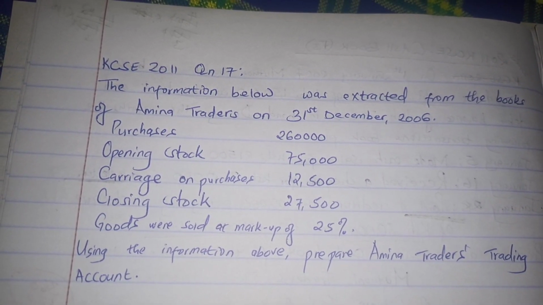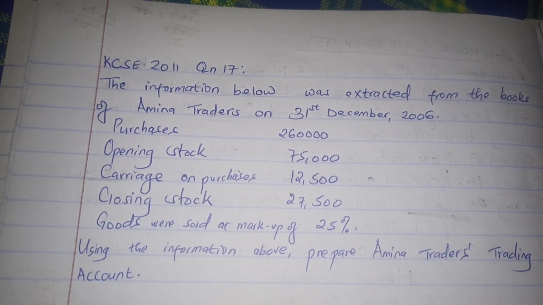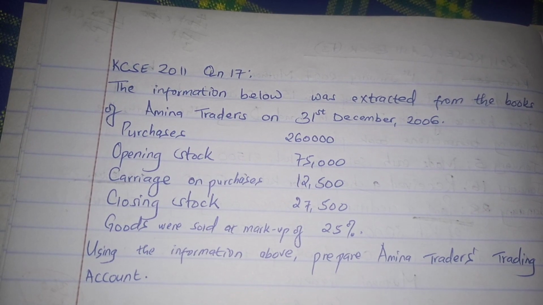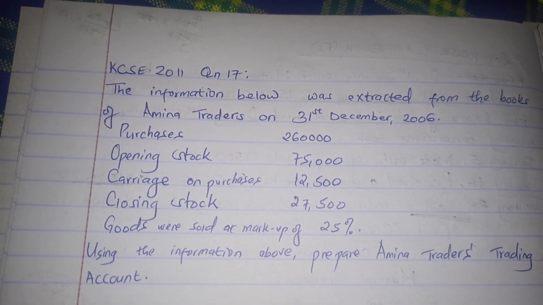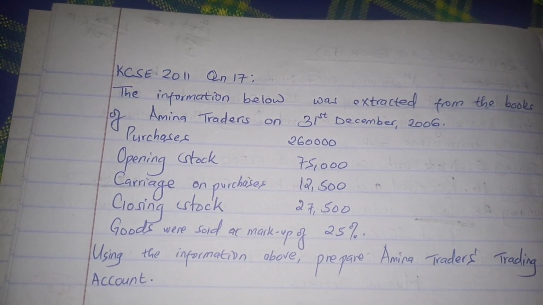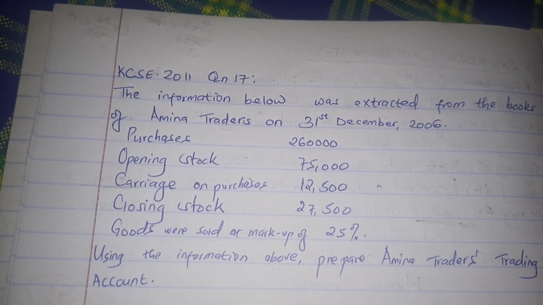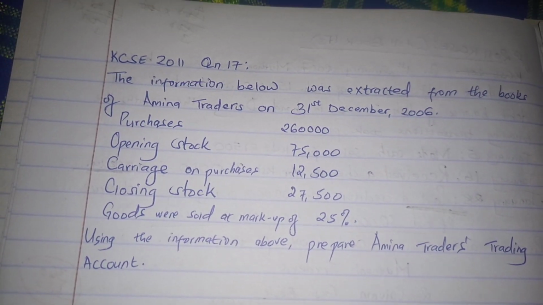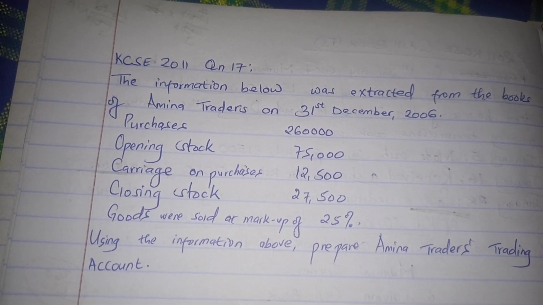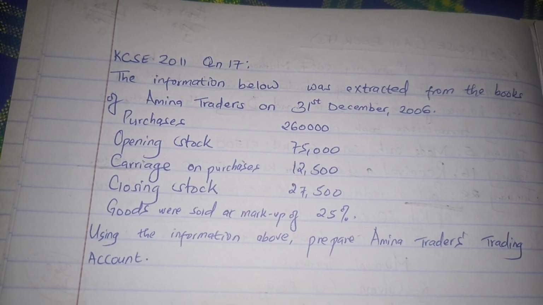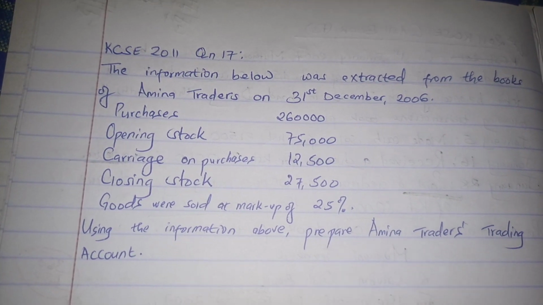Purchases were given as 260,000, opening stock 75,000, carriage on purchases 12,500, closing stock 27,500, and goods were sold at a markup of 25%. The examiner requires us to use the information above to prepare Amina Traders trading account.